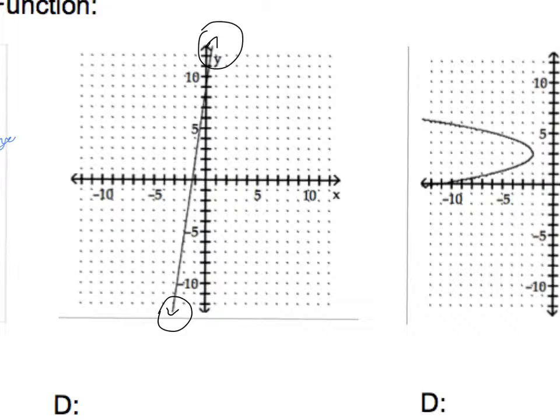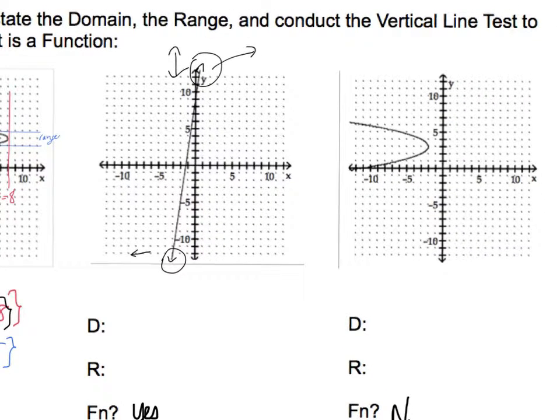Therefore, this is going to continue to go both up and down and left and right forever, infinitely. And that means, if we zoom back out, that in terms of domain and range, we don't really have an endpoint here. So our domain, that was red, right? Our domain is going to be x is in the set of all real numbers, and our range is also going to be that y is all real numbers.